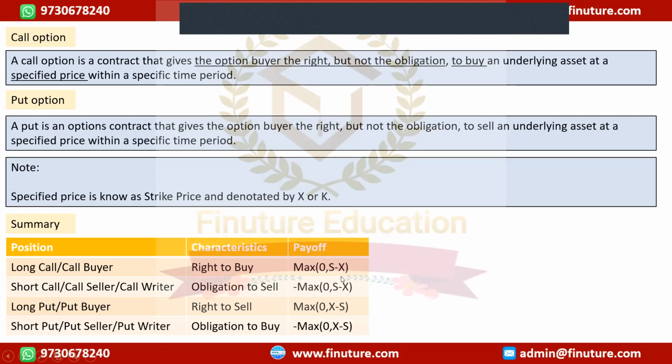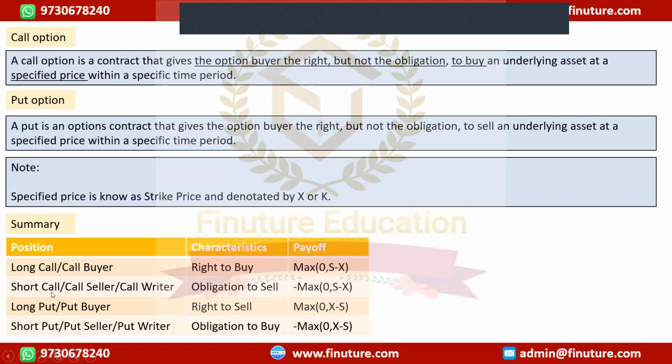To explain a bit more, you pay X, that's why it is negative, and it is presumed that you buy cheaper through the call option contract and sell in the market at a higher price, that is the spot price prevailing in the market at that point in time. So that's why S is positive, and given you pay the strike in the call option contract, that's why it's negative. So it has a right to buy.